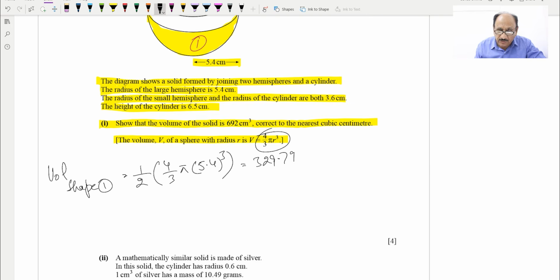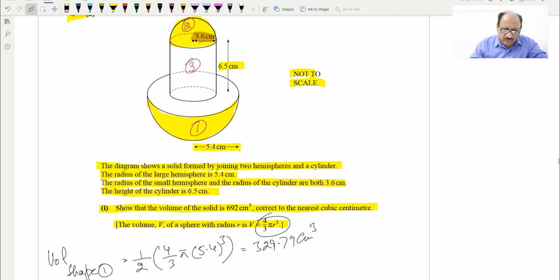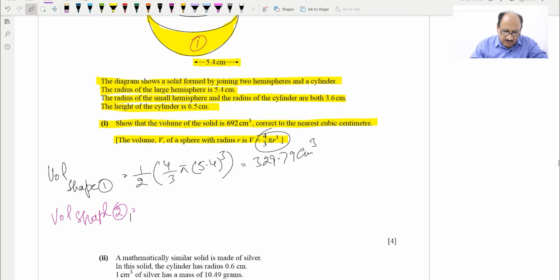This will be the volume in centimeter cube for shape 1. For shape 2, the volume of shape 2 will be what? Shape 2 is the hemisphere on the top, the smaller one, with radius 3.6. Everything is the same formula, just instead the radius we will change, and we can calculate this.